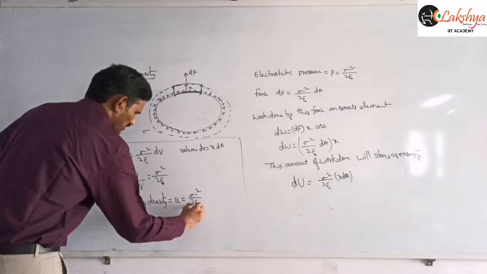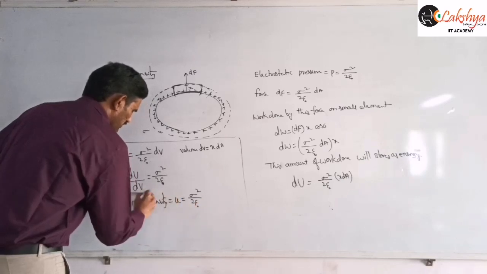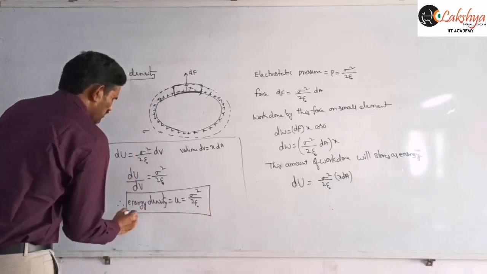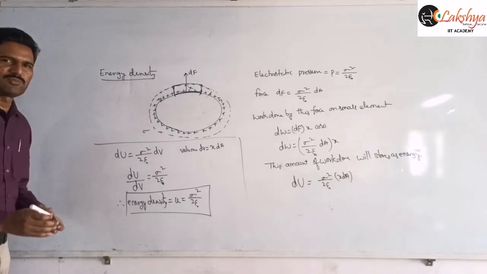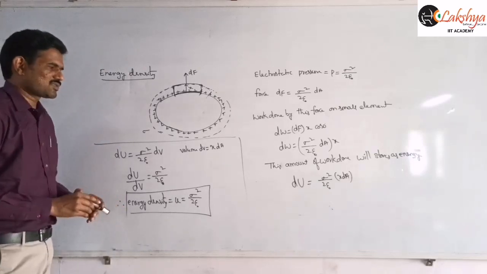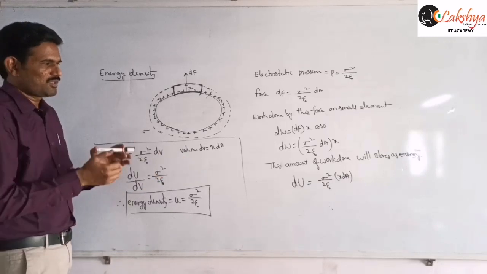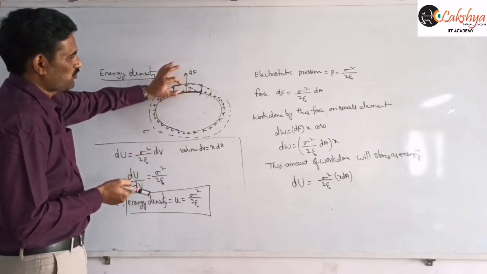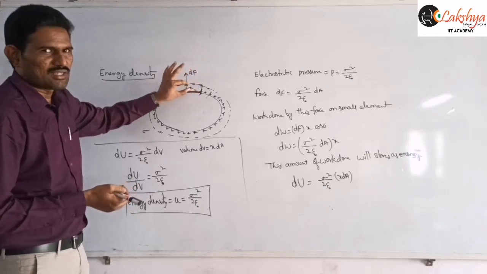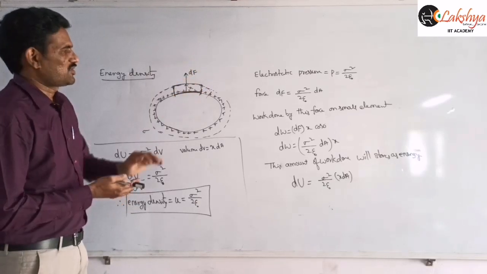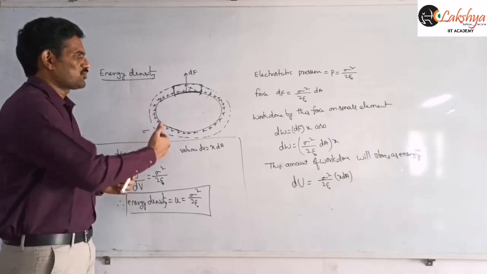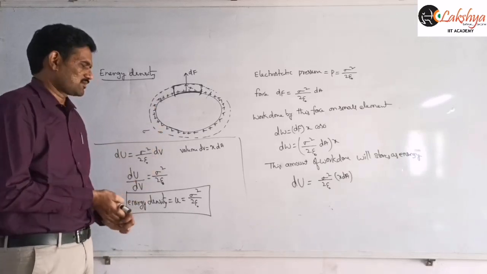So this is the formula for the energy density now. Energy density means energy per unit volume present in the space. Whatever amount of work is done will be stored as energy in that space there. And so this is the energy density formula.